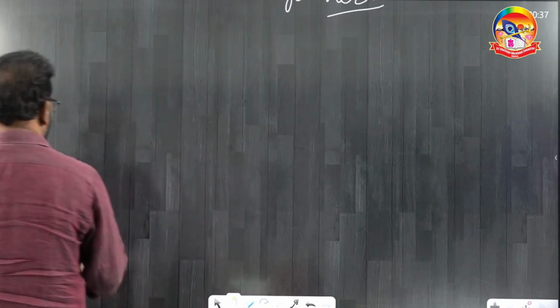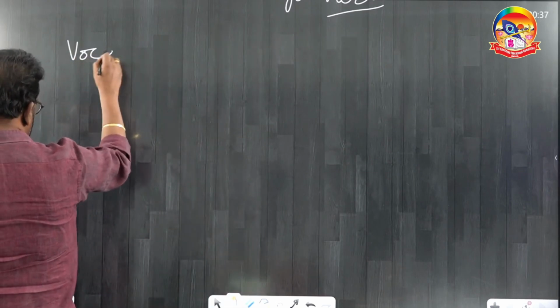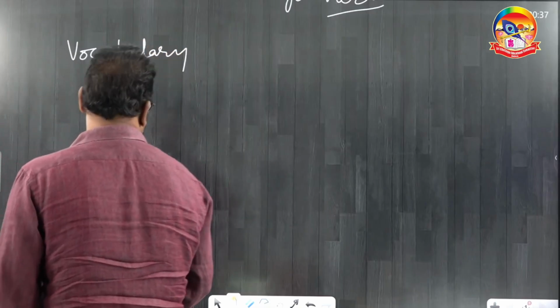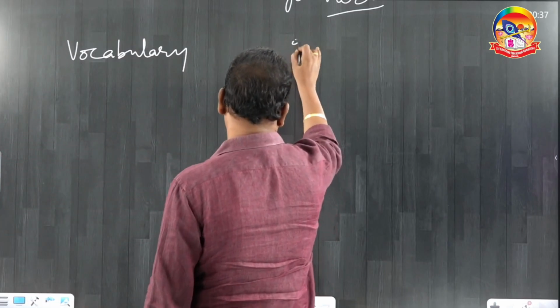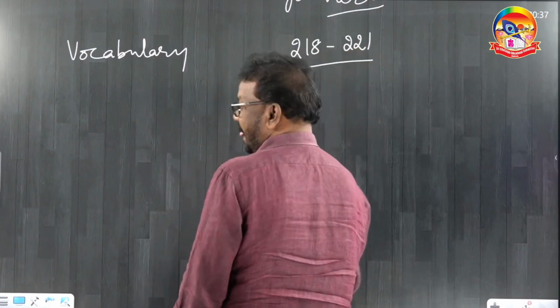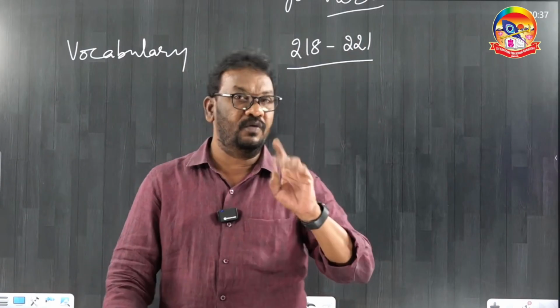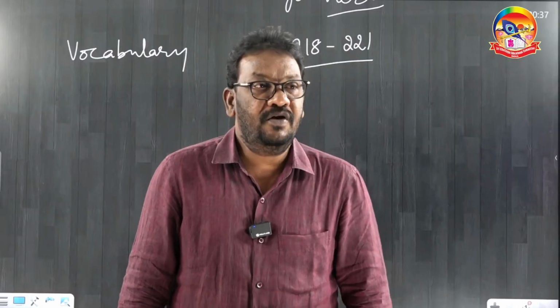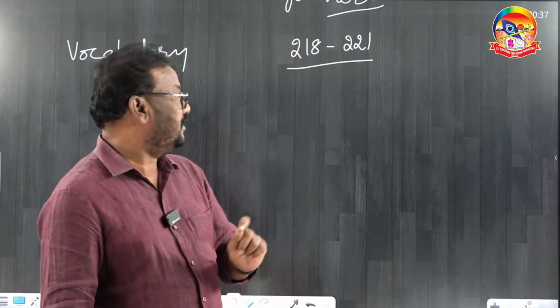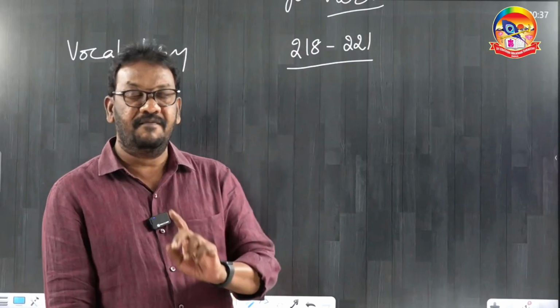And the next one, vocabulary matching, available in your textbook from pages 218 to 221 if I am right. There you are given 12 tables for practice, and only from those 12 tables you will be given even in your final exam.